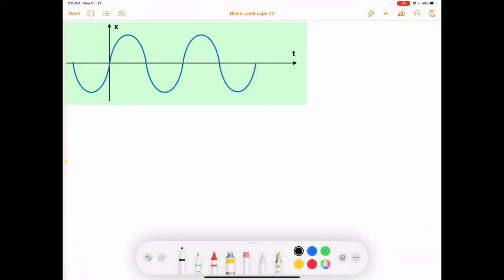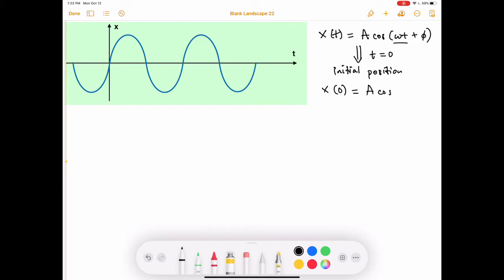Okay, so we'll start with the same general form as before. x(t) is equal to A cosine(omega t plus phi). And so if we plug in t equals 0, again, we get the initial position out of that, which says x at time 0 is equal to A cosine, omega t is 0, so we are just left with phi inside the cosine function.